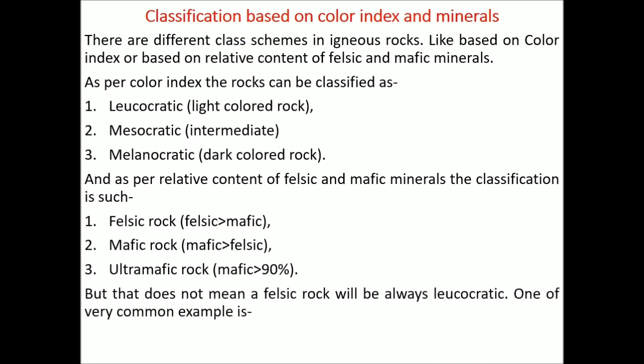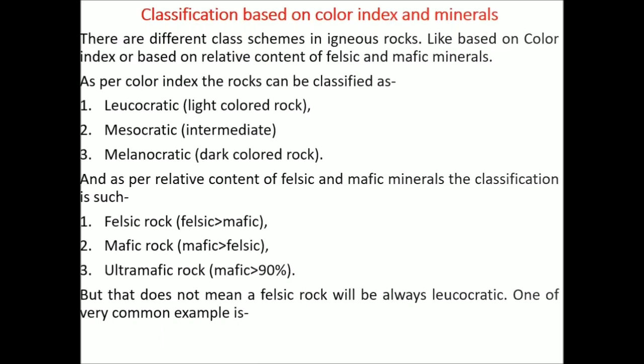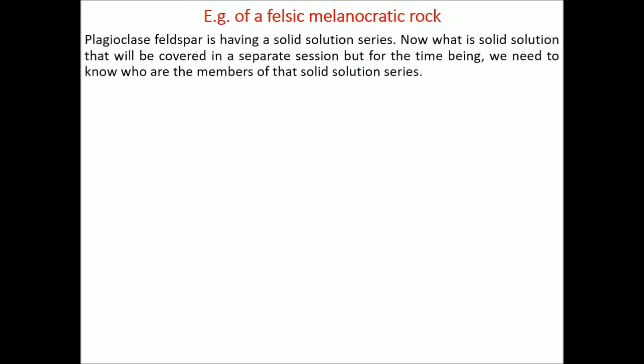So both can be used as complementary classification schemes, but we have to be careful because some exceptions are also there. These things don't mean that felsic rocks have to be leucocratic always. So one very common example: we have an example of a felsic but melanocratic rock.